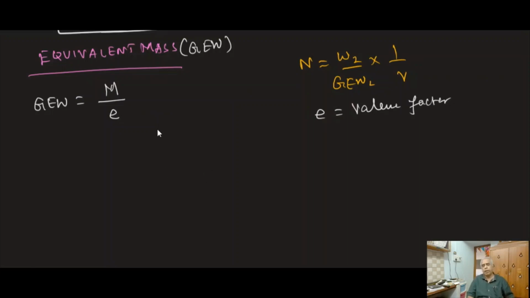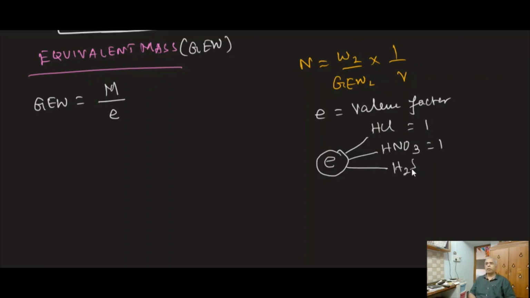So what is this valency factor? First of all, let us understand what valency is. It is the binding tendency, the number of electrons available in the outermost shell, which decides how many entities an element can interact with or develop bonds. So the valency factor for hydrochloric acid is 1 because it delivers one H plus.